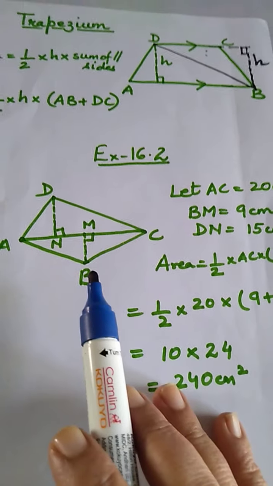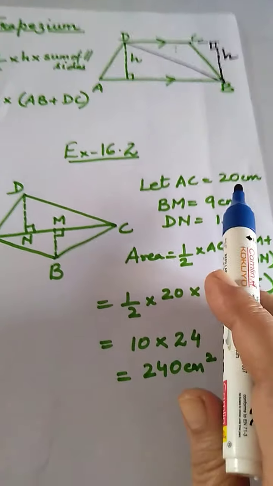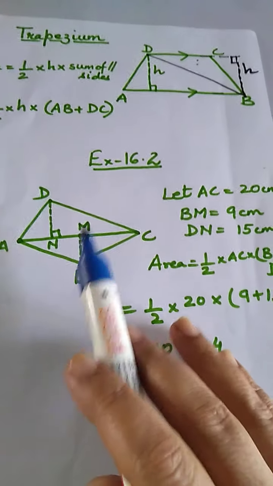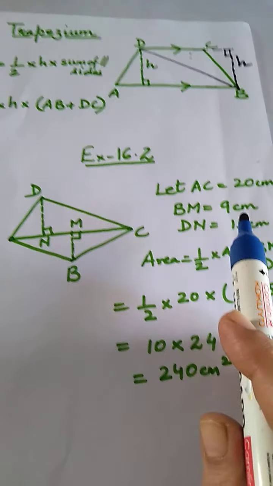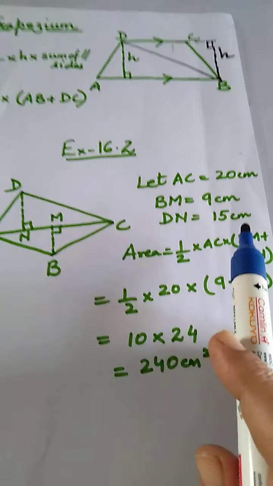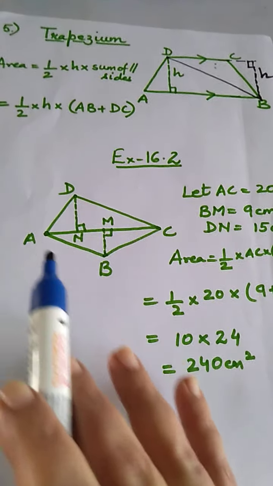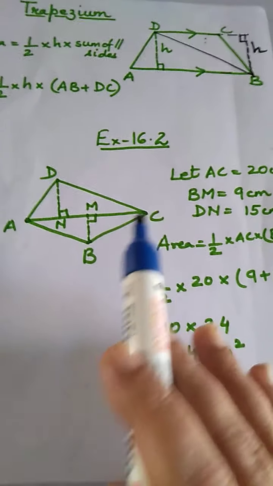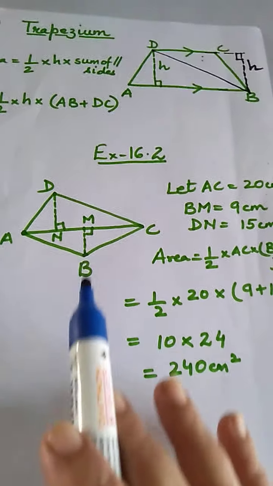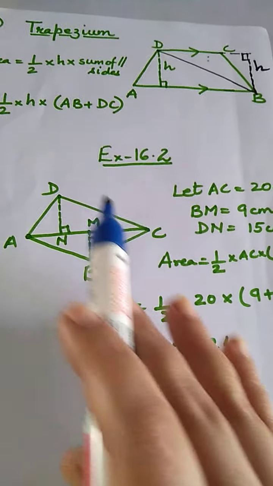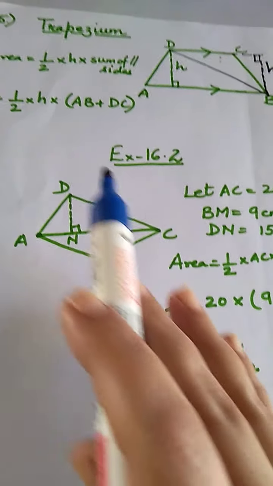ABCD is a quadrilateral. Let AC be equal to 20 centimeters. BM, this perpendicular, I have taken as 9 and DN, I have taken as 15. Always draw figures to understand the question. So, the area of triangle ABC will be half into AC into BM, and the area of triangle ADC will be half into AC into DN.